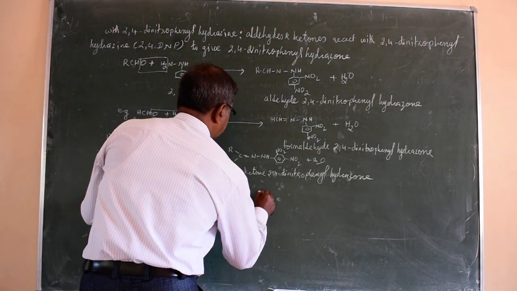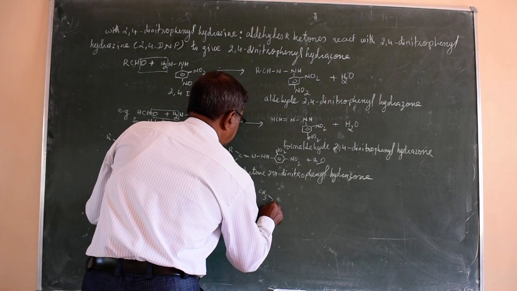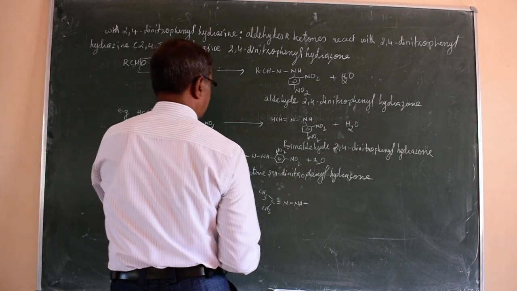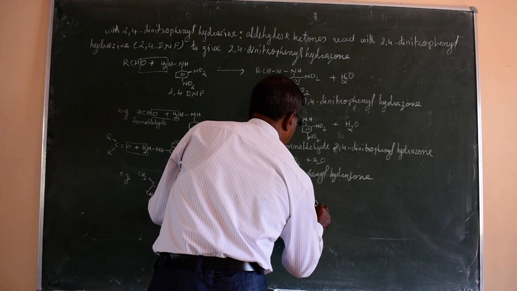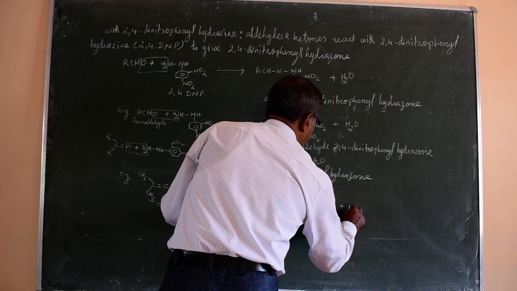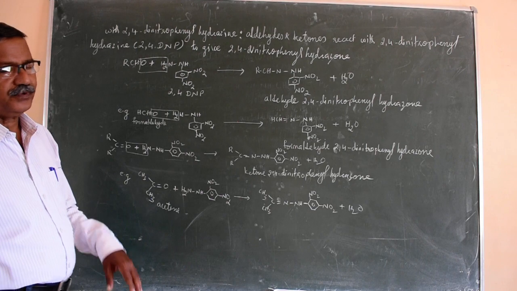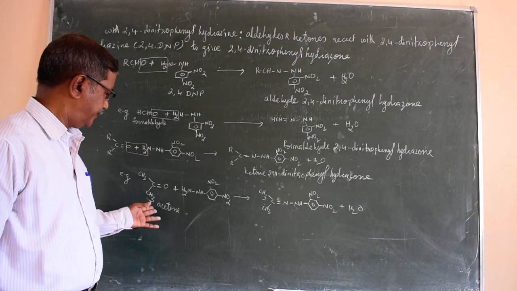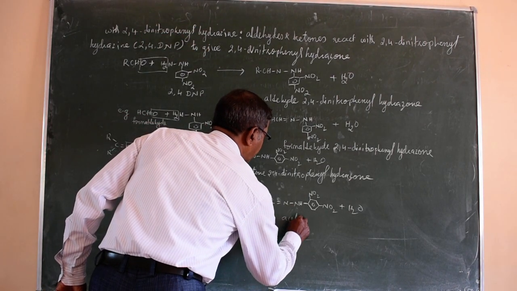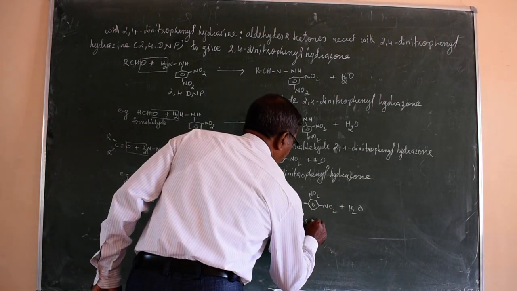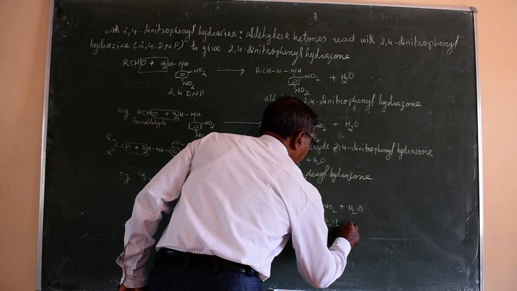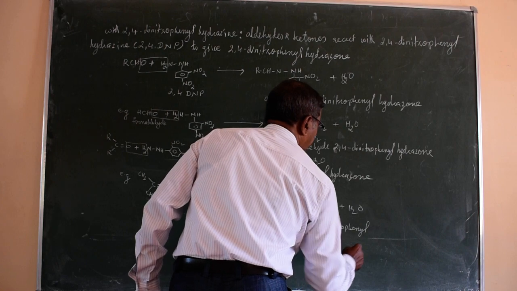The product is CH3, CCH3, double bond N, NH. Then we have a benzene ring, with NO2 groups on the second and fourth carbon. So what is the name of this product? Simple. Like aldehyde, it is acetone 2,4-dinitrophenylhydrazone.